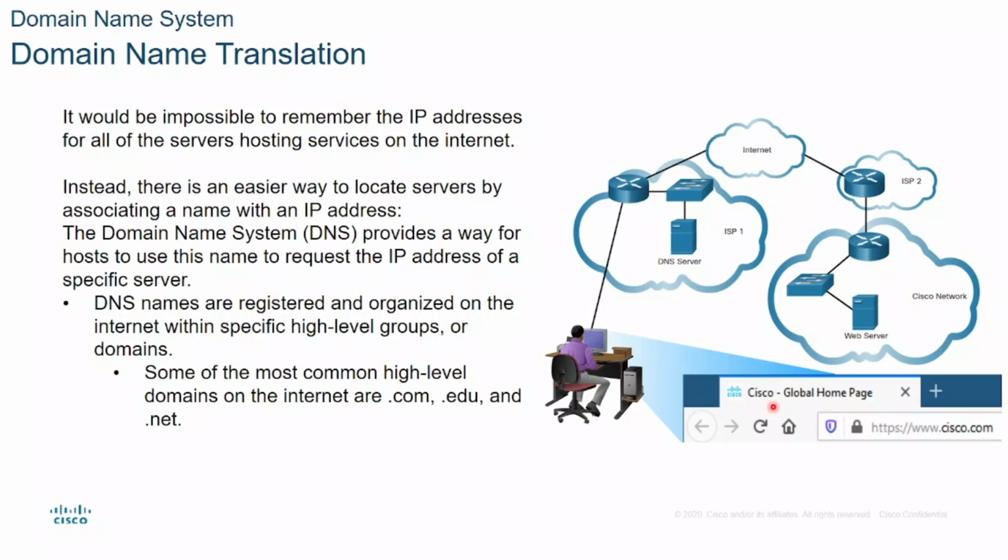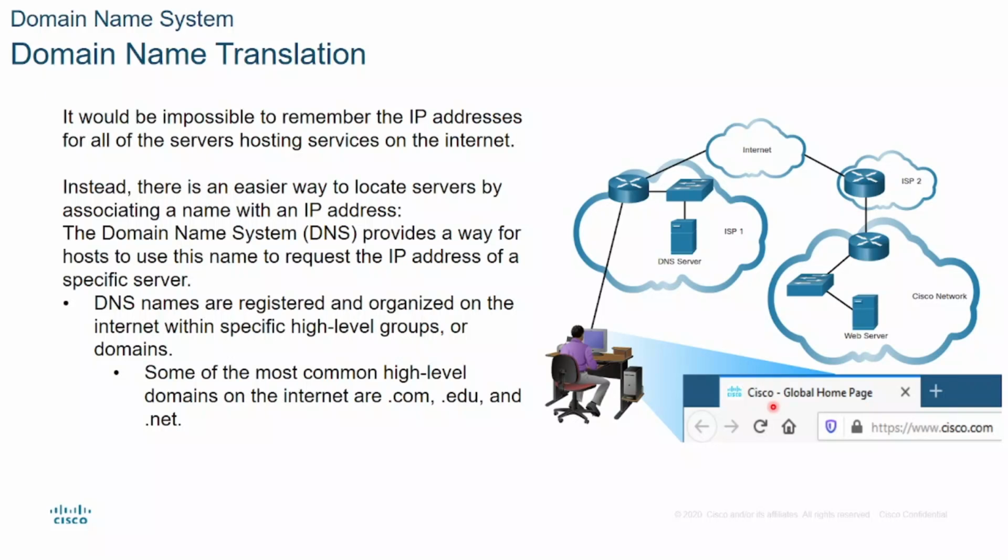Imagine memorizing that for different websites. You know that letters that form words are much more memorable than clustered numbers. So instead there's an easier way to locate servers by associating them with an IP address.